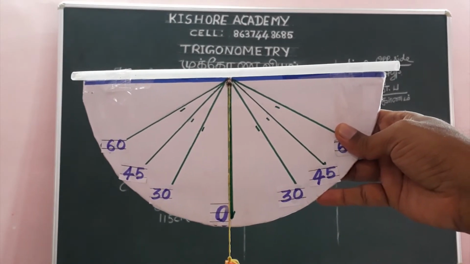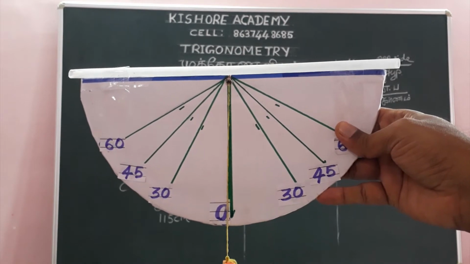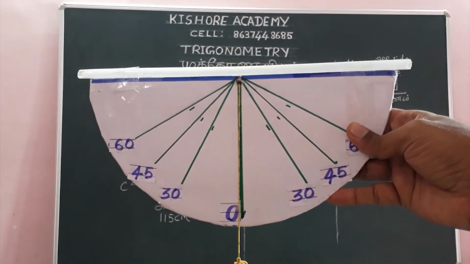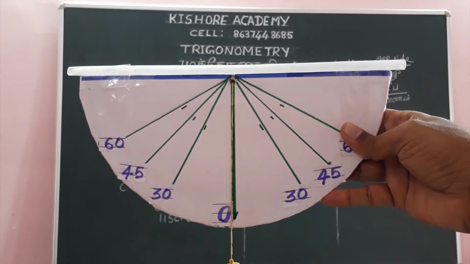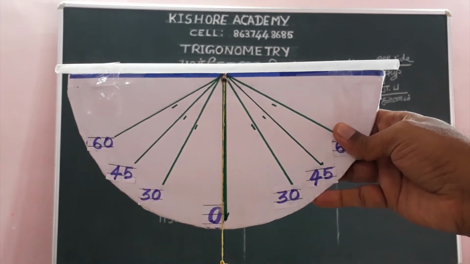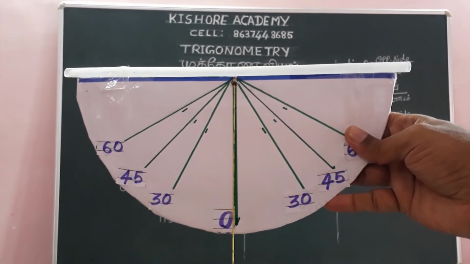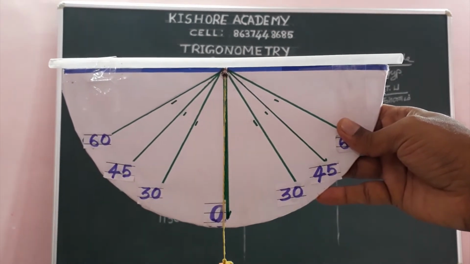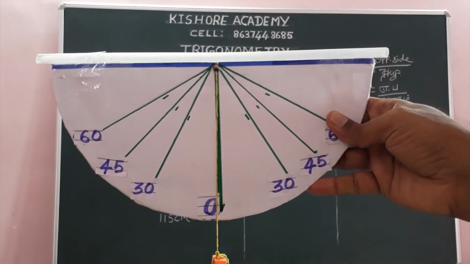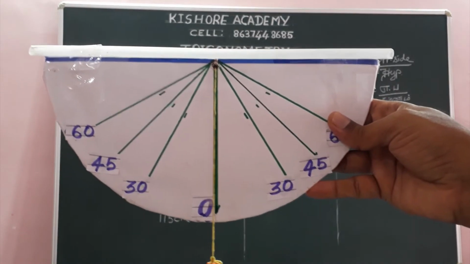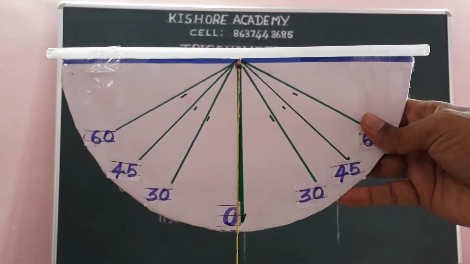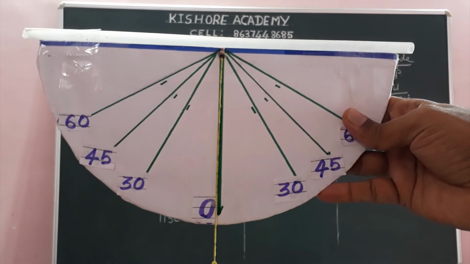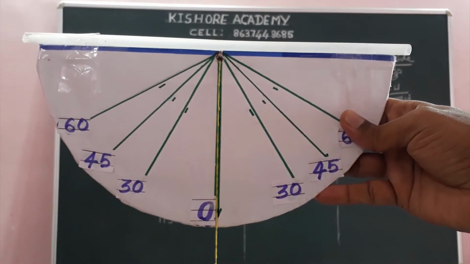Take a cardboard and paste a white paper on it. Before that, cut the cardboard into a semicircle shape. Then paste a white paper on it. Then with the help of a protractor, mark the values of the angles. Then make a hole at the 0th degree and tie a thread on it.